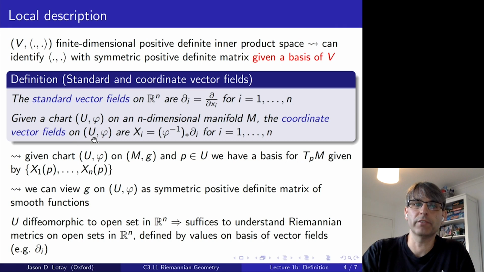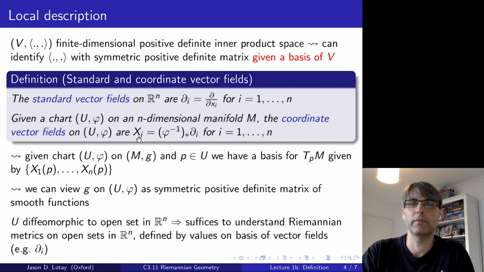So these are vector fields defined on the open set U on the manifold M, and they're given by taking the push forward of these standard vector fields by the local diffeomorphism φ inverse. So this is a well-defined diffeomorphism on φ(U), which is an open set in R^n. And this will give us a basis for the vector fields on U in M.